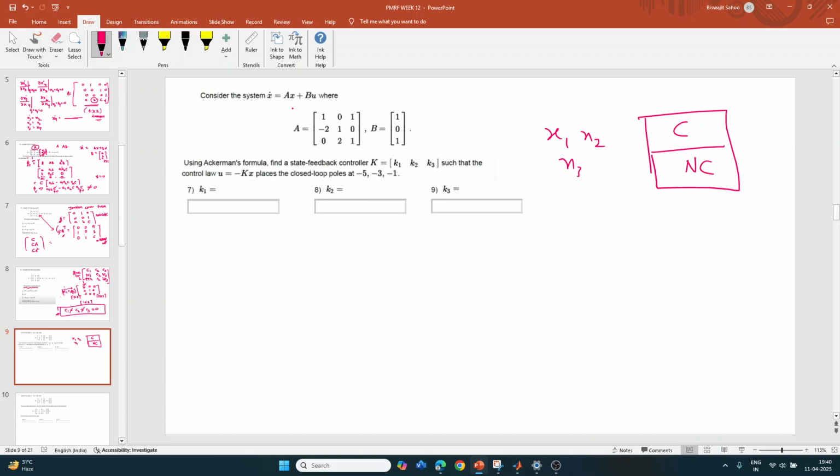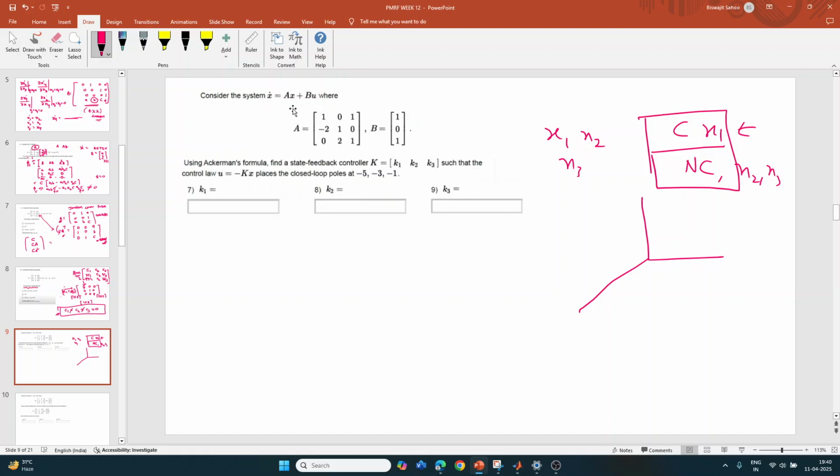Let's say x1 is controllable, but x2 and x3 are non-controllable.